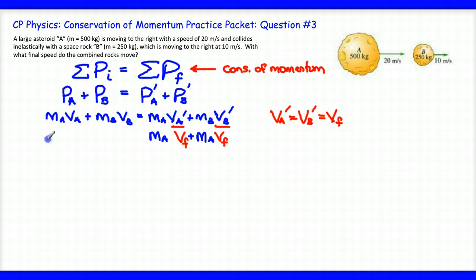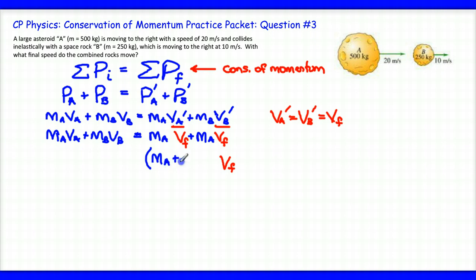So the left-hand side of this equation does not change. I still have MAVA plus MBVB. Solving these types of problems in some ways just involves good record keeping, keeping track of things. I am going to factor out a VF over here on the right-hand side. That's ultimately what I'm trying to chase down, so I've kept it in red.